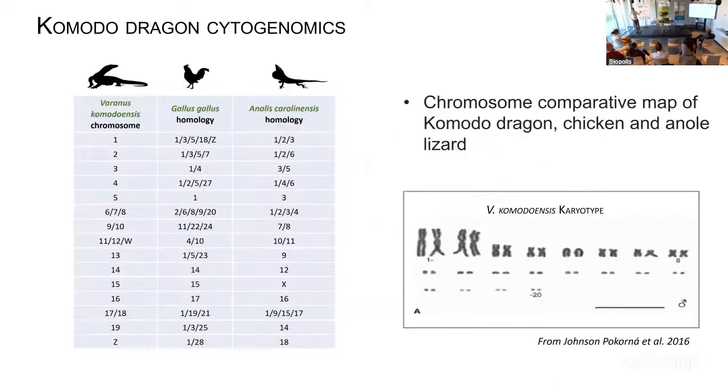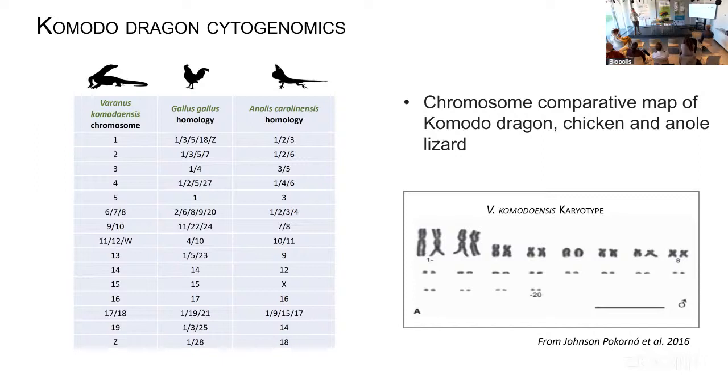We produced a nice comparative map of Varanus komodoensis with the chicken and Anolis carolinensis, and we made a lot of evolutionary discoveries about the sex chromosome system of the Komodo dragon.